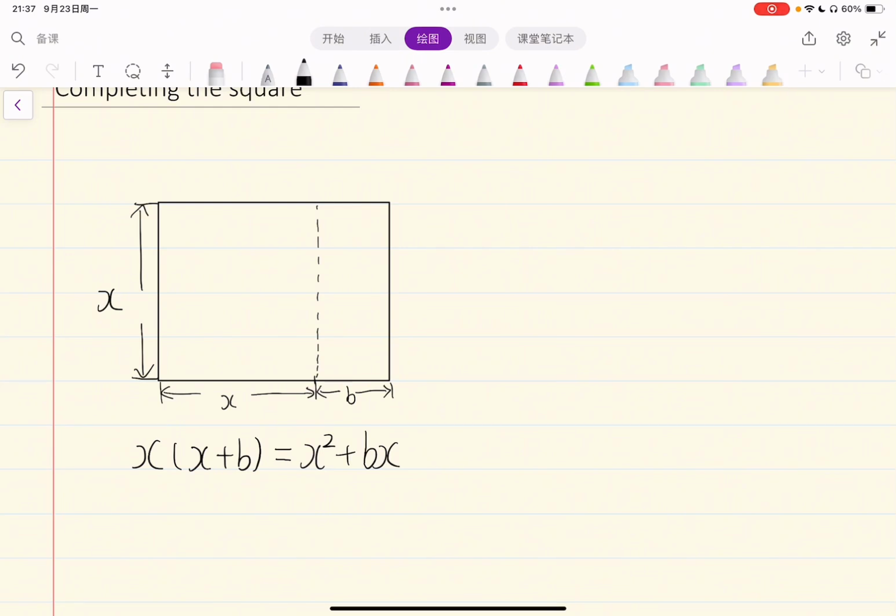Well, I really don't like rectangles. I just like squares. So what I will do is cut b in half, which gives b over 2. And then I will move this half over here.